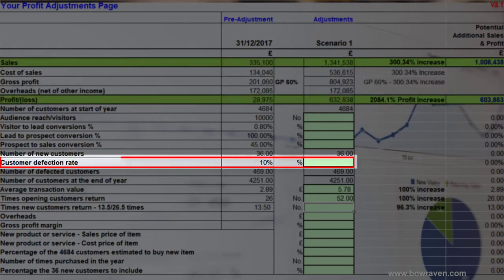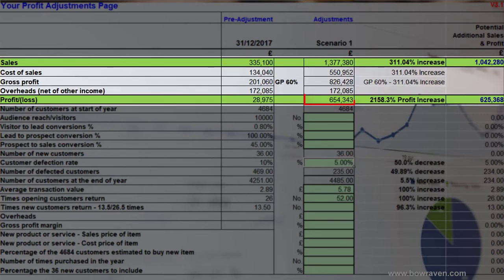The next number was to reduce our customer defection rate, or customers that never return. We said we were going to reduce that from 10% down to 5%. Now you can see that had a marginal effect, and our net profit is up to £654,000.